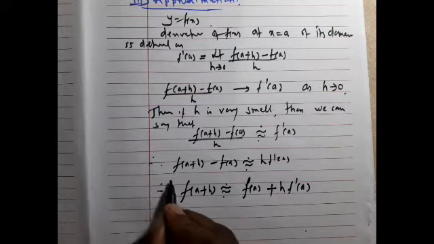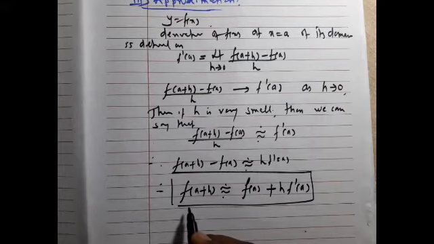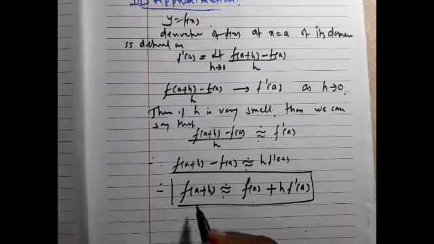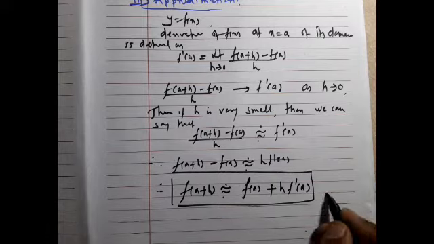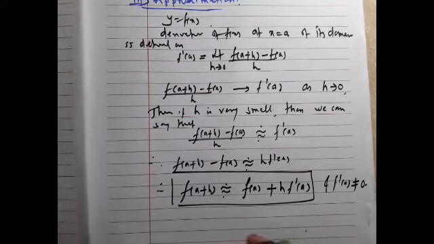This is the formula for approximation of f(a plus h), where h is very small and f dash a is not equal to 0.